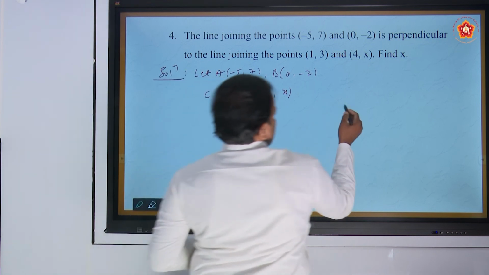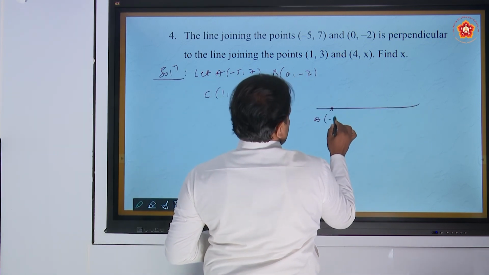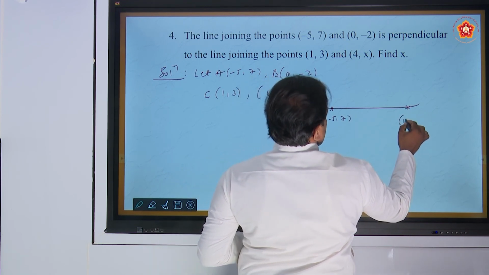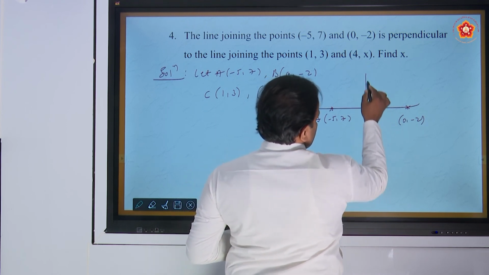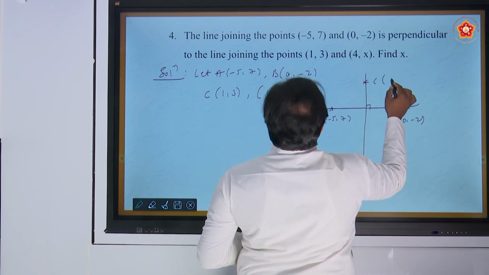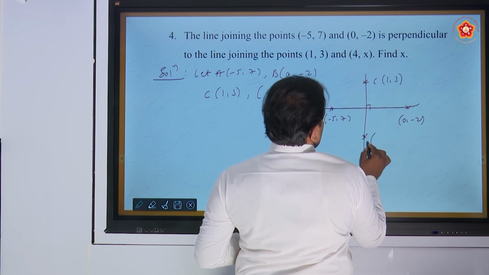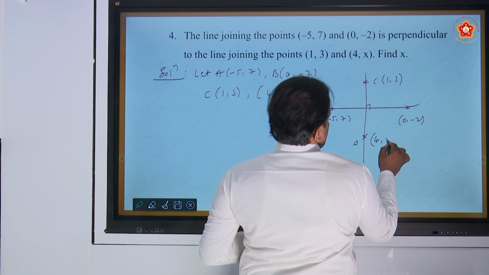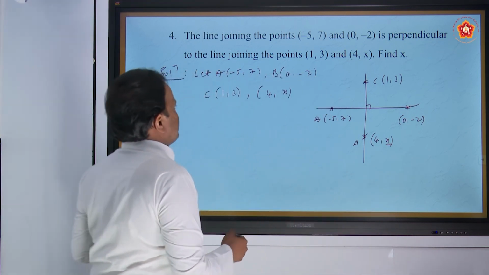Like this, A point is minus 5 comma 7, B point is 0 comma minus 2. Draw a line perpendicular, this angle is 90 degrees, and C point is 1 comma 3 and D point is 4 comma x. If the two lines are perpendicular, then you have to find the value of x. This is the question. Find x.